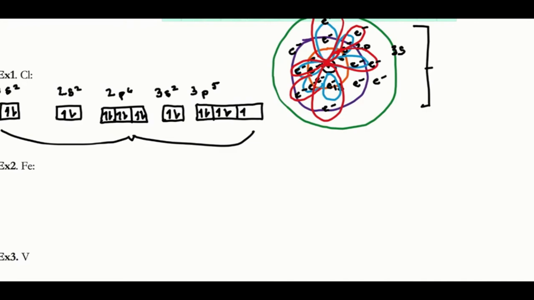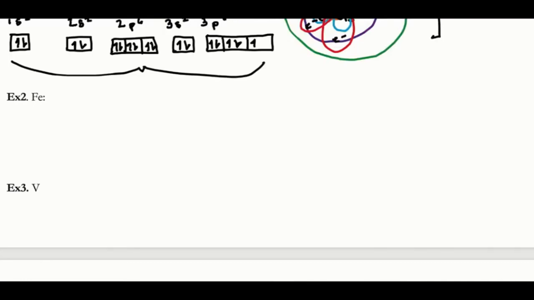All right, let's look at iron. All right, for iron, the electron configuration is the following. 1s2, okay, so let's draw out the orbital diagram.